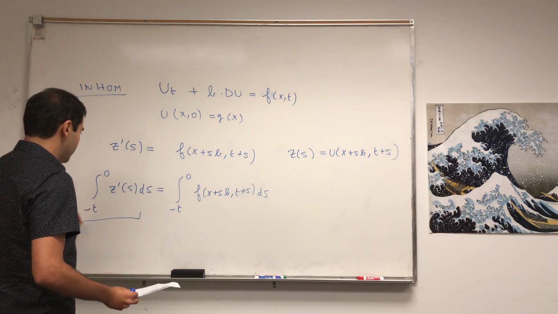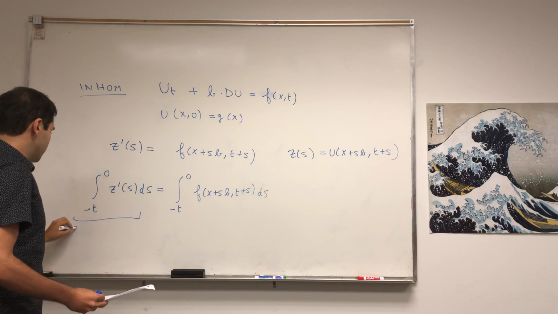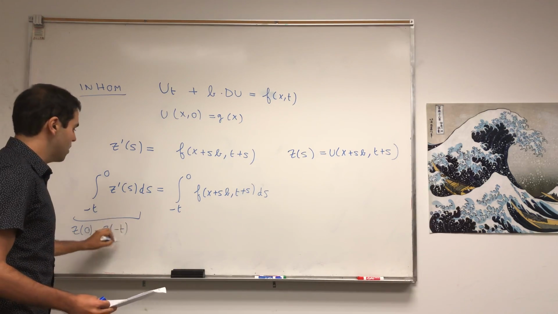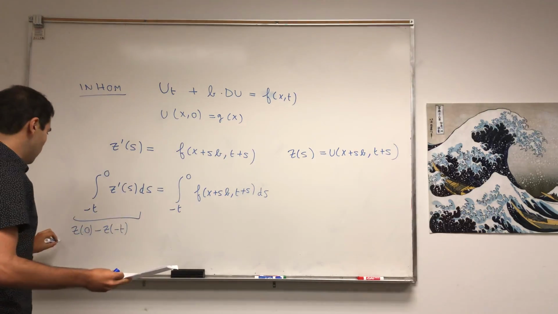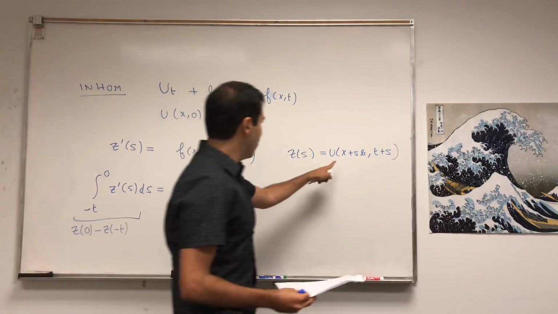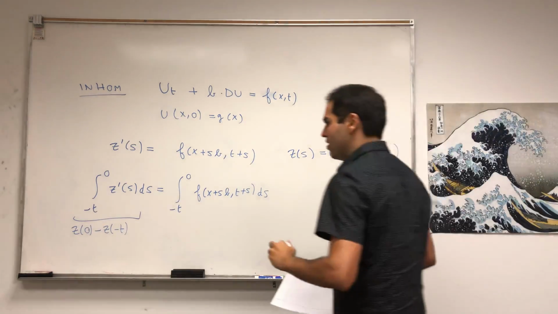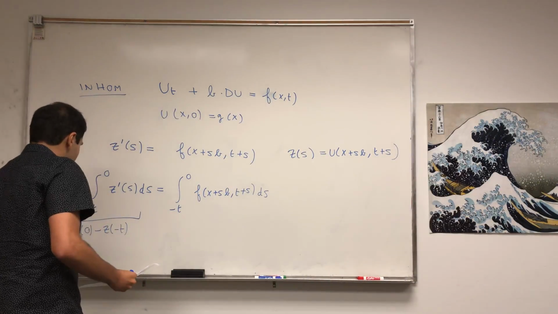And that's very good, because this becomes z of 0 minus z of minus t. Z of 0, that is u of x plus 0b, t plus 0, which is u of x, t.